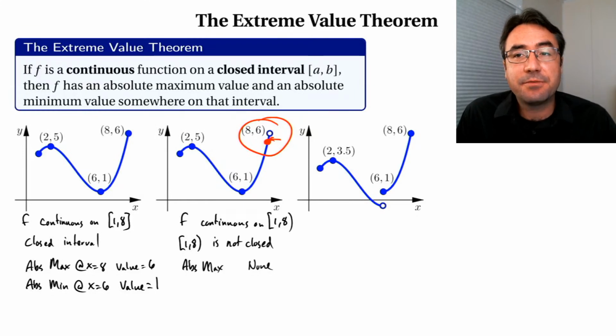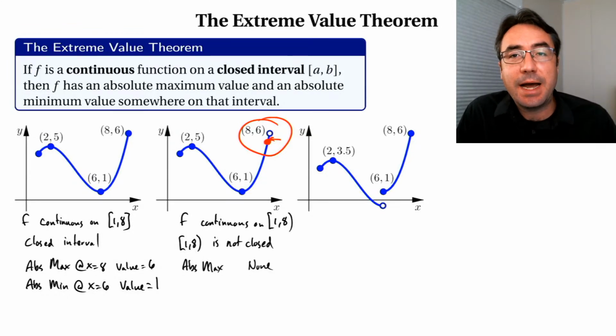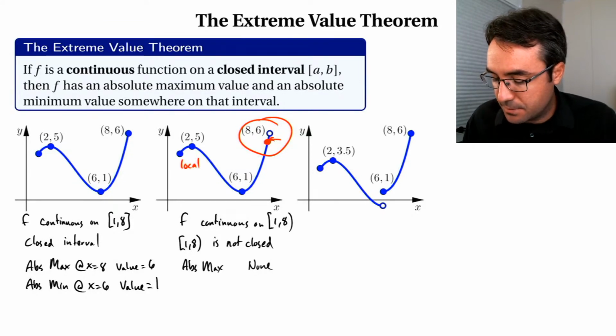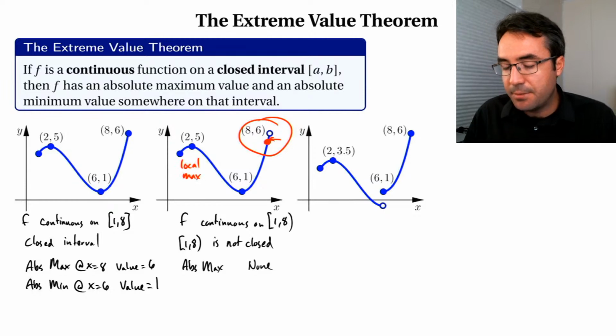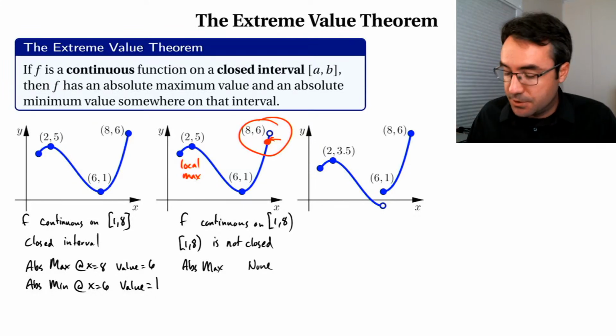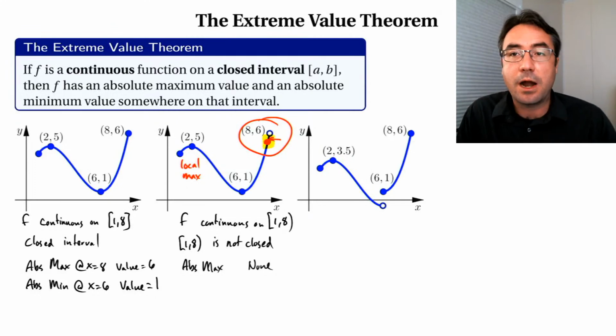And so that graph does not have an absolute max. There's no one absolute high point of that curve. There is a local max that we're seeing here, but that's not the absolute max because there are other points along the curve that are higher than that point. Any of these points in this little section here are higher than that local max.